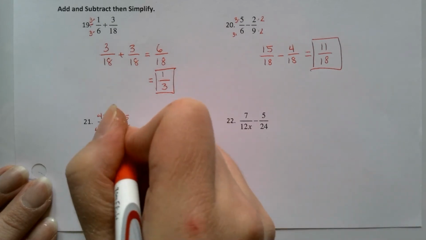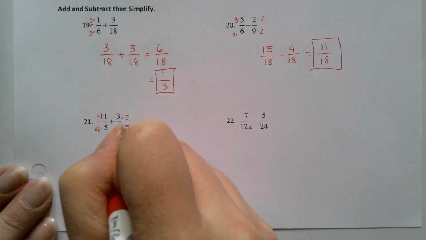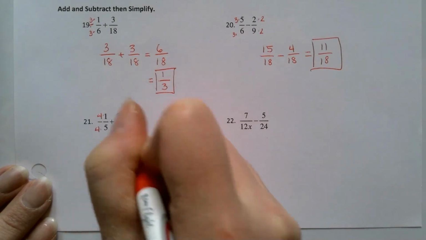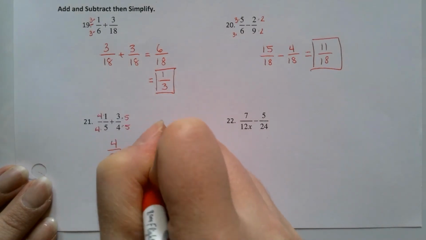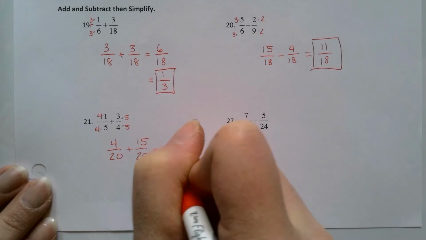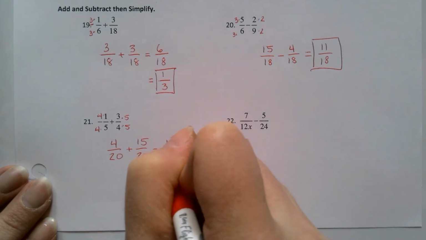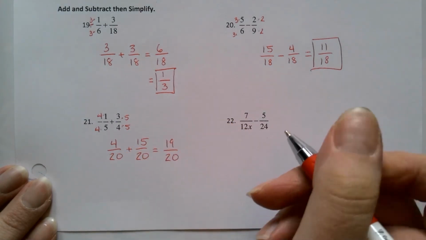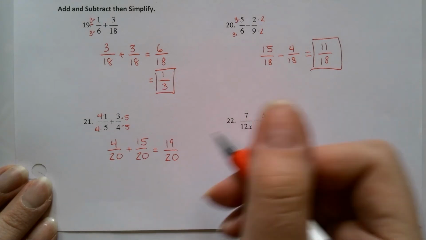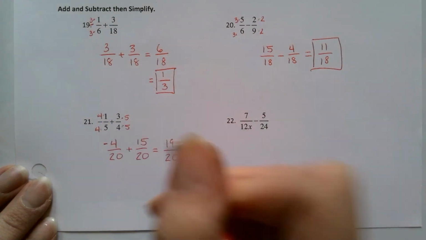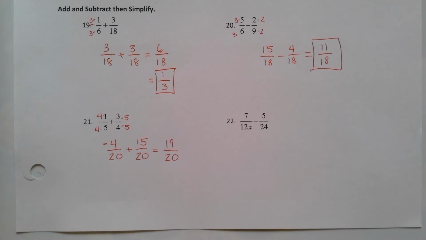All right, so let's go ahead and set this up. We have 4/20, and then we would add to that, we have 15/20. And I have my common denominator, and I end up with 19/20, which is almost one whole. And I totally forgot my negative sign, so let's fix that. I don't get 19/20.